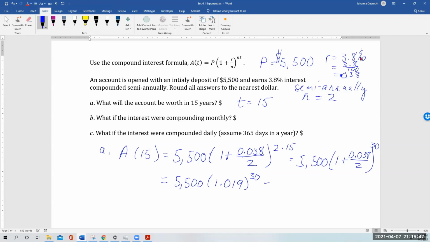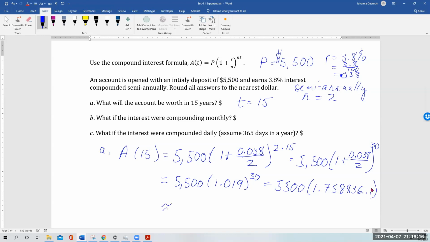This gives me the 5,500 still waiting for its turn, multiplied by about 1.758836 and so forth. Make sure that you don't round off until the very, very end of the problem. Leave all the decimal numbers in the calculator until you get to the final answer. Then you can round off.